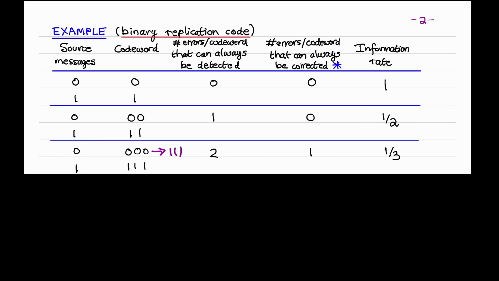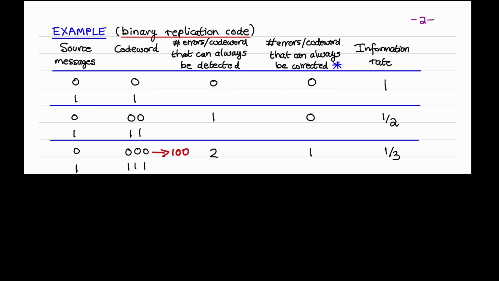On the other hand, if 000 is transmitted and all 3 bits are flipped, then what's received is the code word 111, which the channel decoder might reasonably accept. Hence, the channel decoder is always capable of detecting 0, 1, or 2 errors per code word, but not 3 errors.